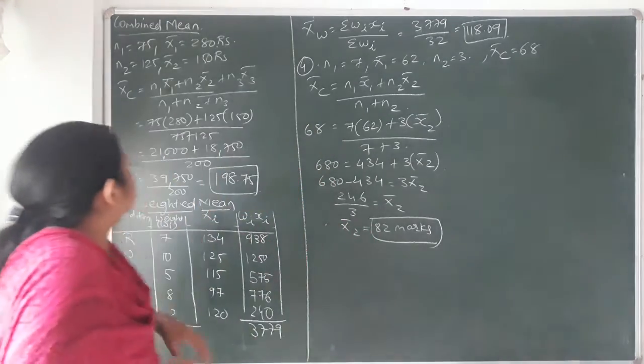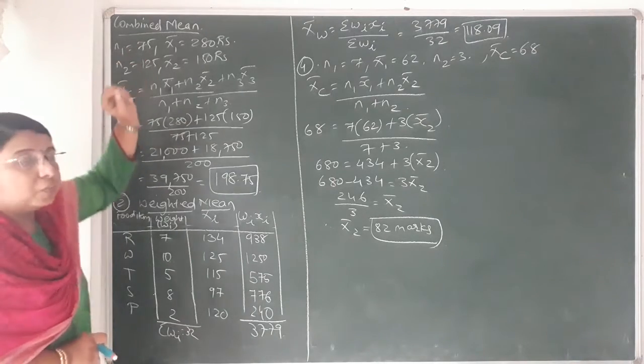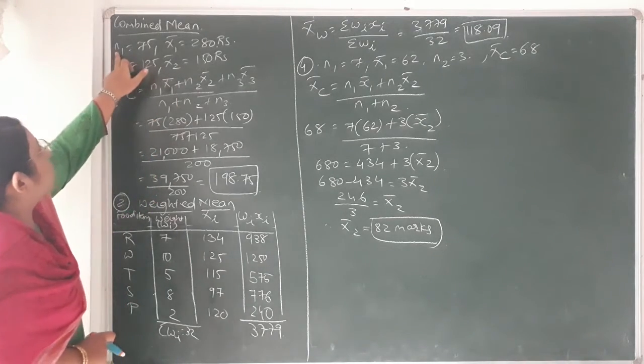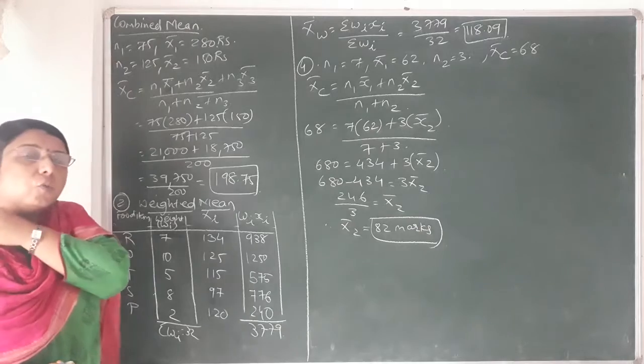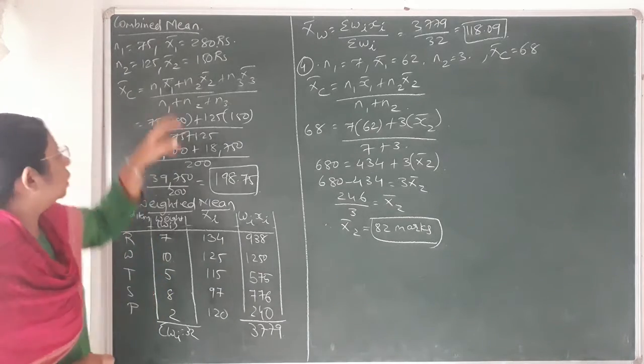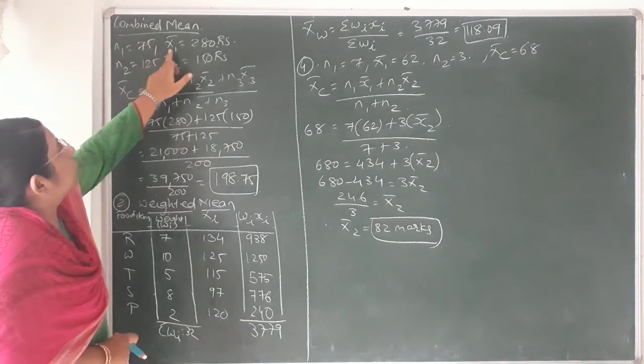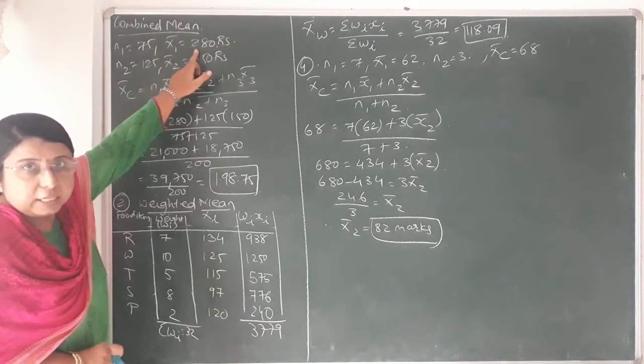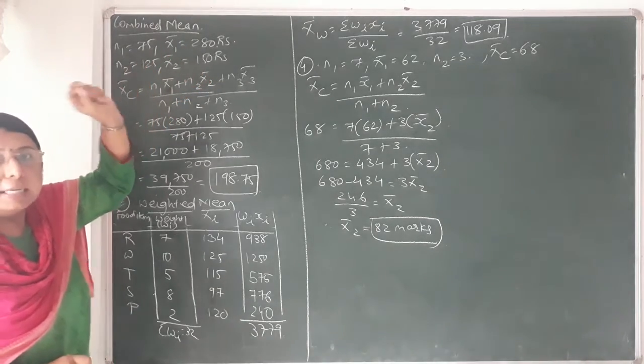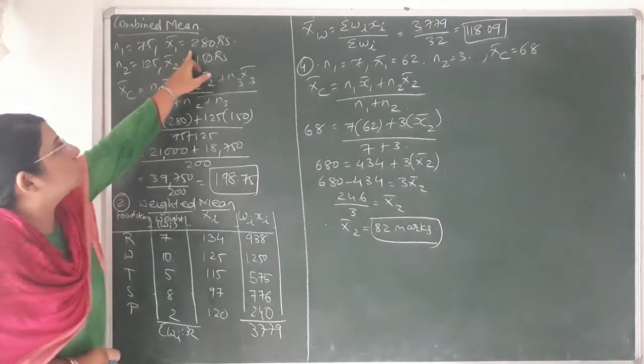Here you can see, first of all I have written the data that has been given to you in the question. The first one, that is n1, the first group of workers, is 75. The mean of the 75 workers is given to you as 280 rupees, that is the average wage, so x1 bar is 280 rupees.